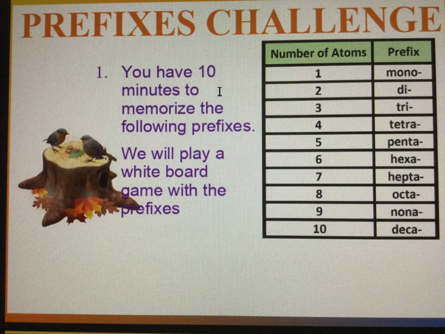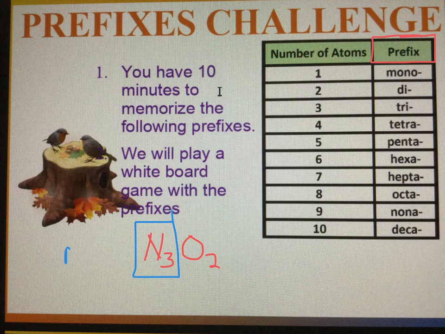Now here's your prefix chart. These prefixes can only be used if the very first element is a non-metal. So because nitrogen is a non-metal, you must use the prefixes. The prefix for 3, look on your chart, 3 is tri.